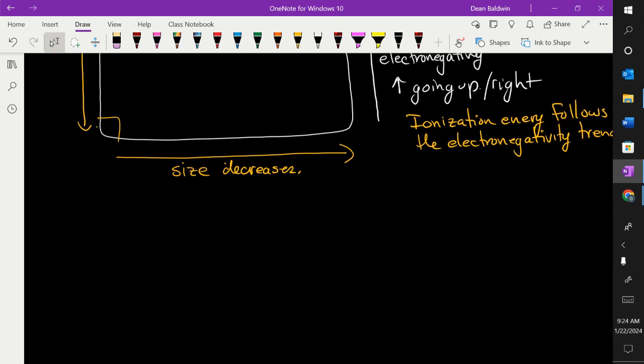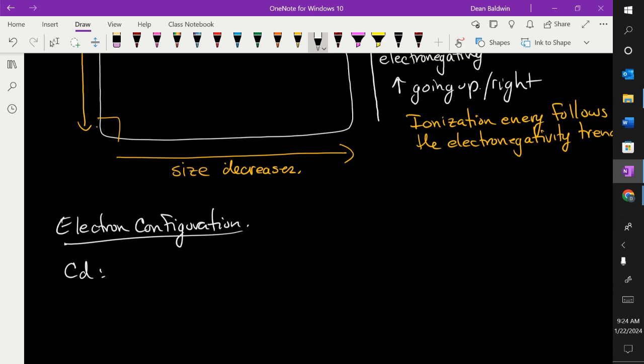Okay. Electron configurations. We'll do cadmium.